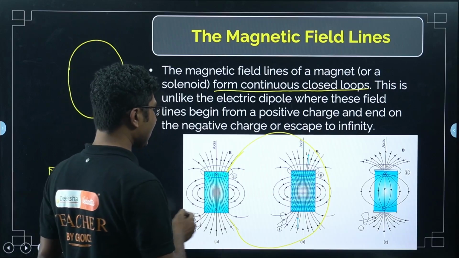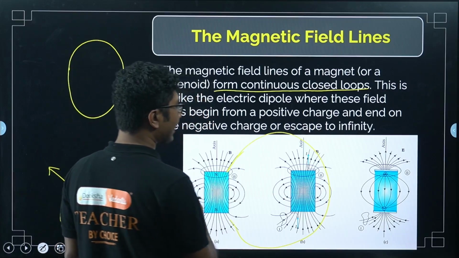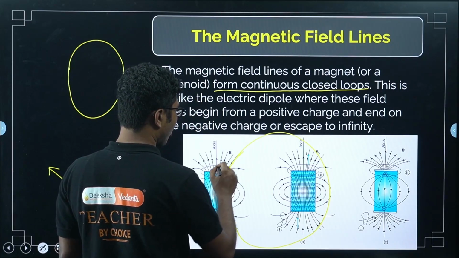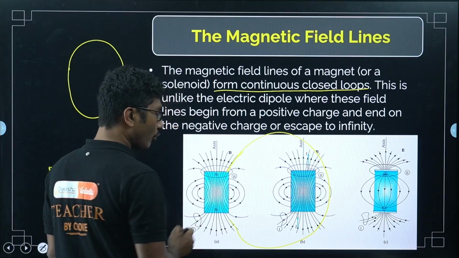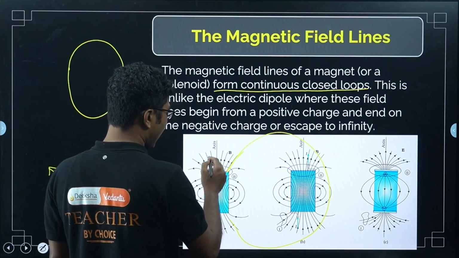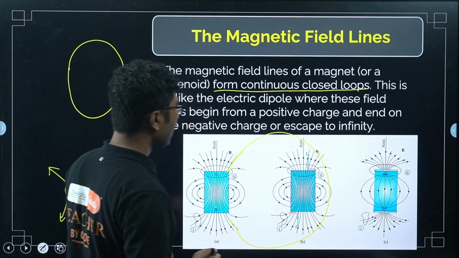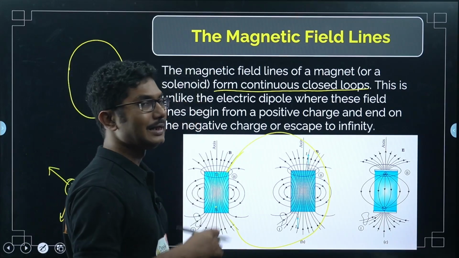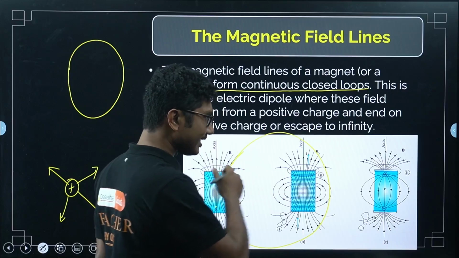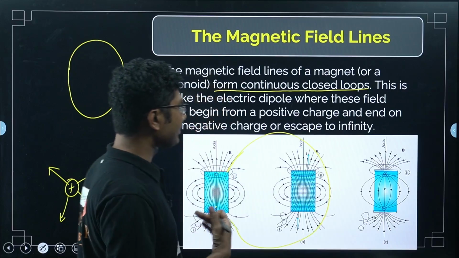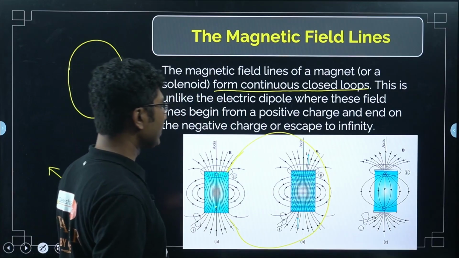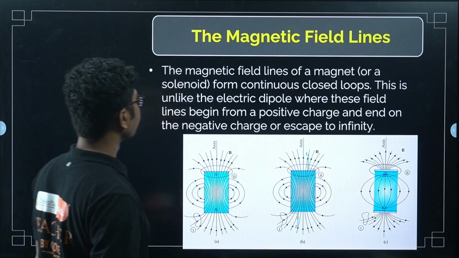So basically they are closed. Outside the magnet they travel from north towards south, but inside the magnet they go from south to north. We are coming to that in a while. So magnetic field lines are basically closed loops. Shapes do not matter, shapes can vary, but they will always form closed loops.